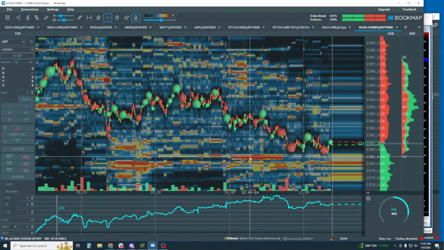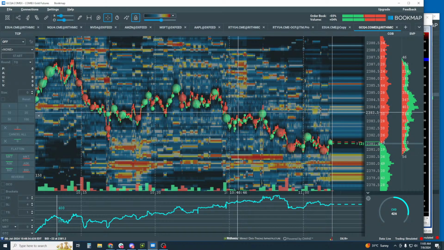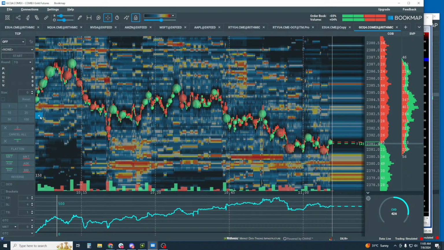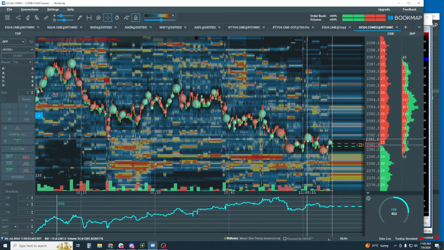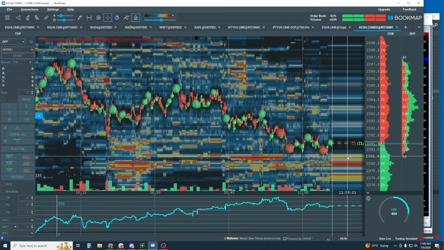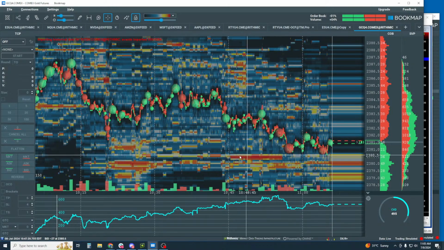Okay, it looks like gold's trading down just kind of all over the place in terms of liquidity, but let's add a little bit more data in here. Trying to trade down to this 2380 level here, this liquidity in here.